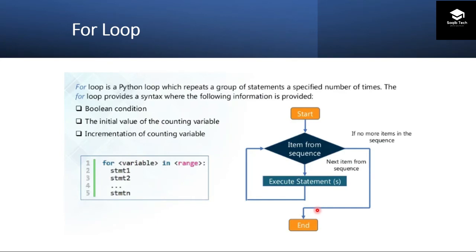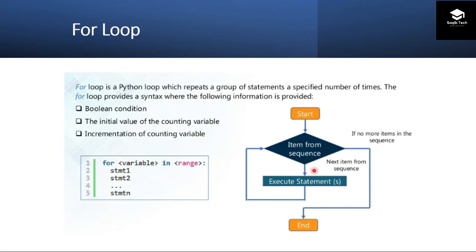Alternate to the while loop, this is a for loop. As we know that while loop doesn't know how many times the program will run, but in the case of for loop we know how many times that loop will run. For loop is a loop which repeats a group of statements a specified number of times.